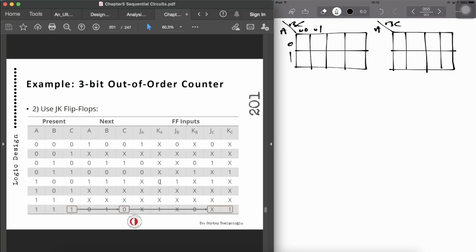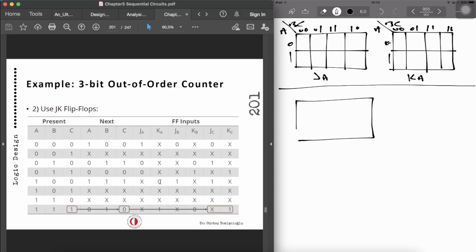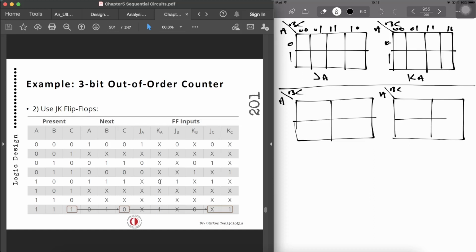So this is for JA. I'll write JA over here, and this is for KA. Then we need it for JB, KB, JC, KC, with ABC as the row and column variables. 00, 01, 11, 10 and 01.